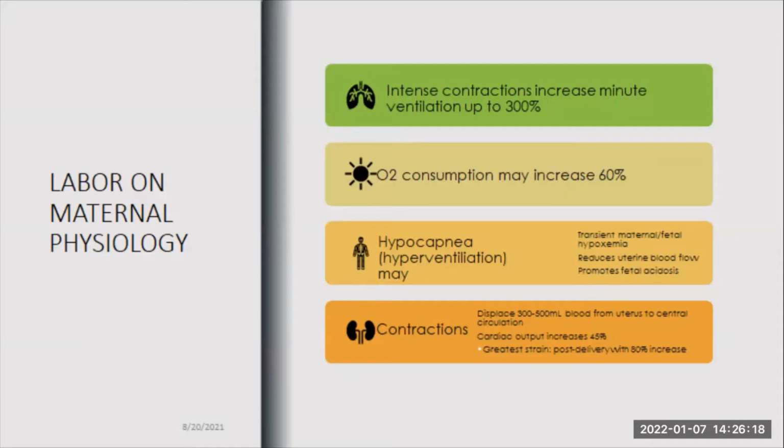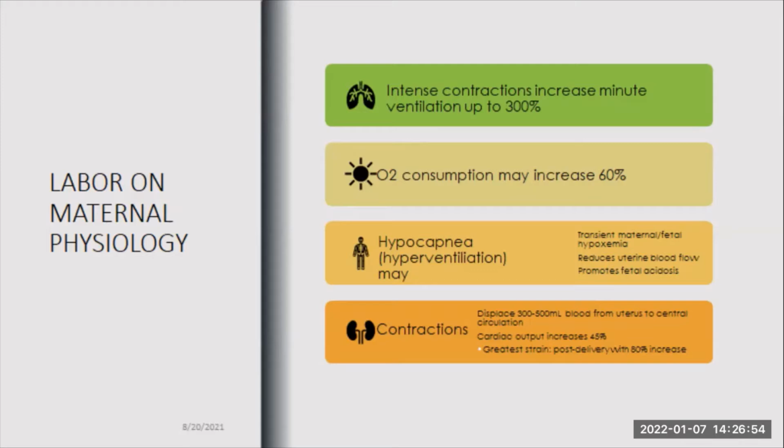Again, as the contractions are intensifying, there is increased flow of about 300 to 500 mils of blood from the uterus to the central circulation, which means that during each contraction, it decreases the amount of blood flow to the fetus because the blood vessels are contracting.